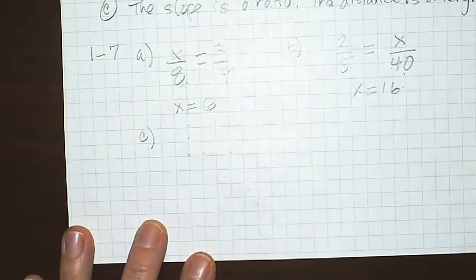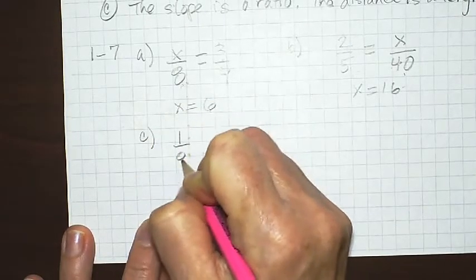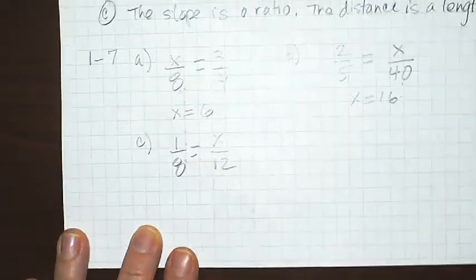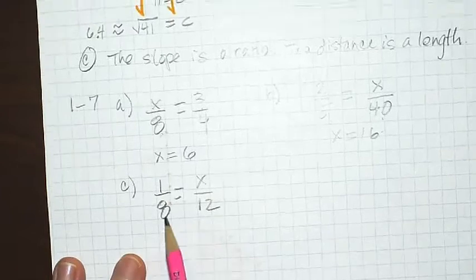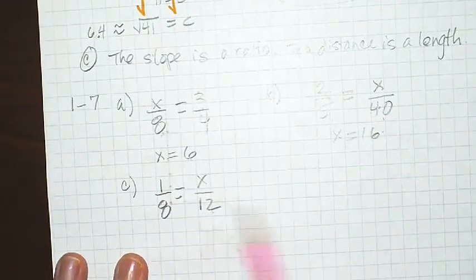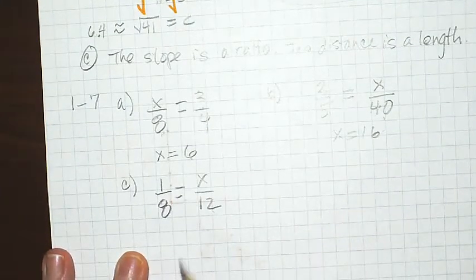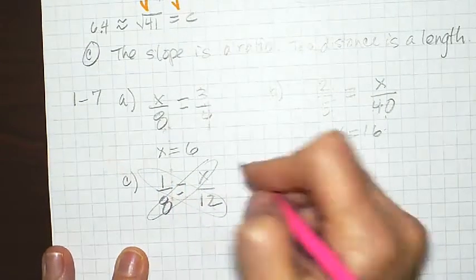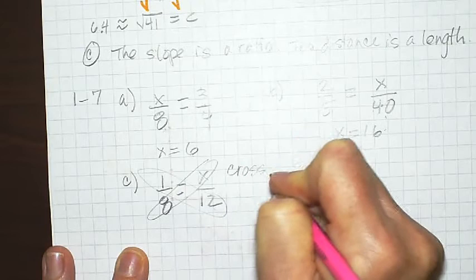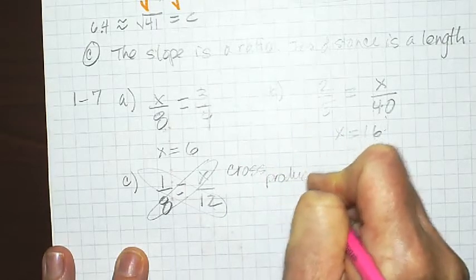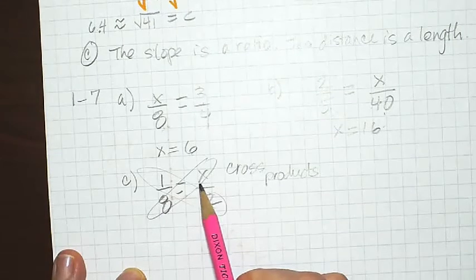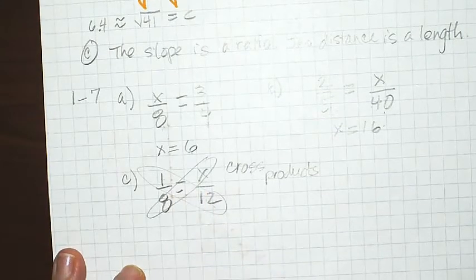Okay, part C, we have 1 over 8 equals x over 12. So this one, I can't just say to myself, 8 times what is 12? So here, I'm going to use the cross products. Those are always equal. So whatever 8 times x is, it's going to be the same as whatever 1 times 12 is.